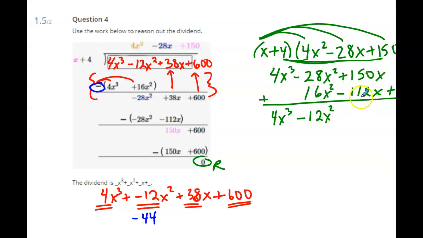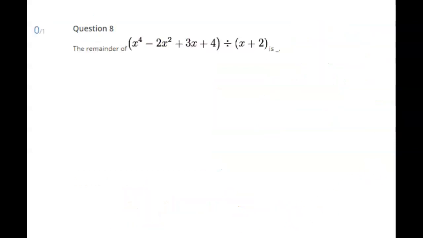Then 150x minus 112x is positive 38x. And then our constant of 600. And so you can see by that method, you also get the same coefficients of 4, negative 12, 38, and 600.